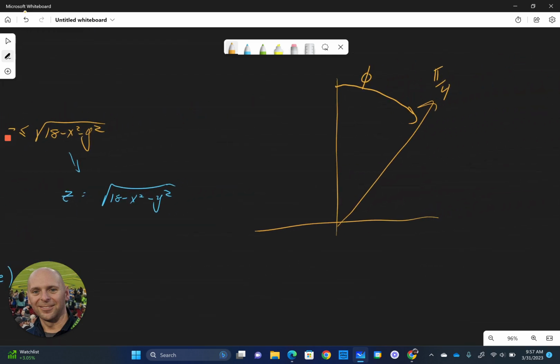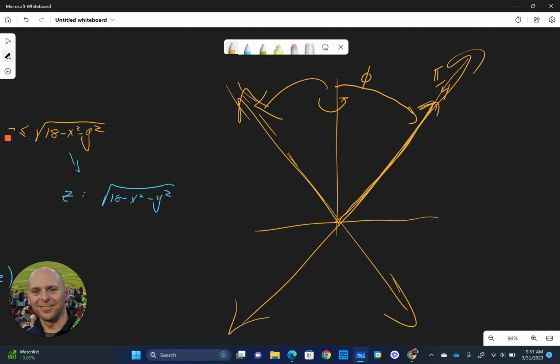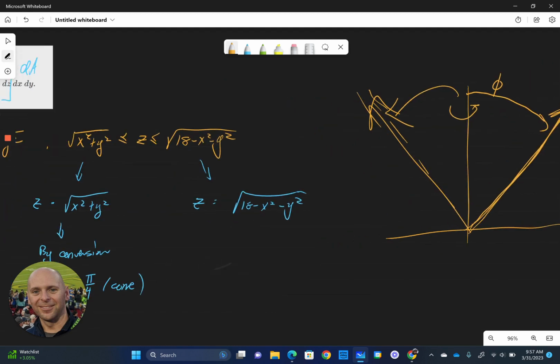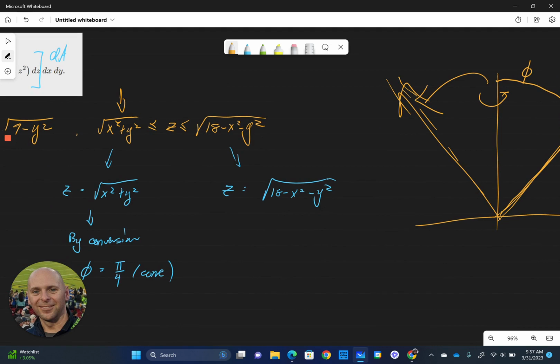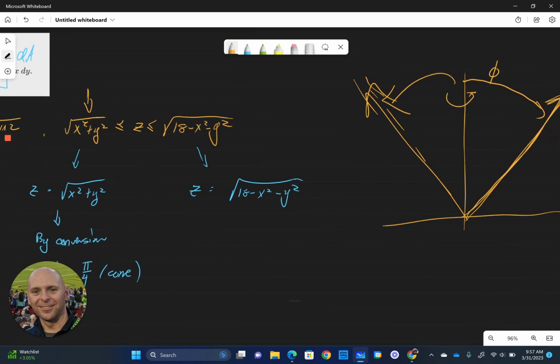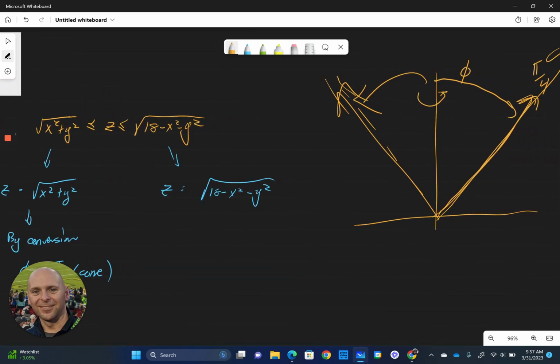So what that means is I can take this pi over 4 angle, rotate it around the y-axis, and create this cone shape. In fact, the radii can stretch out as far as we want, both positive and negative. So this is how you get a double cone out of this thing. But we're only dealing with the upper half of that cone because we've got just the upper half of our root over here. So that turns out to be a cone.